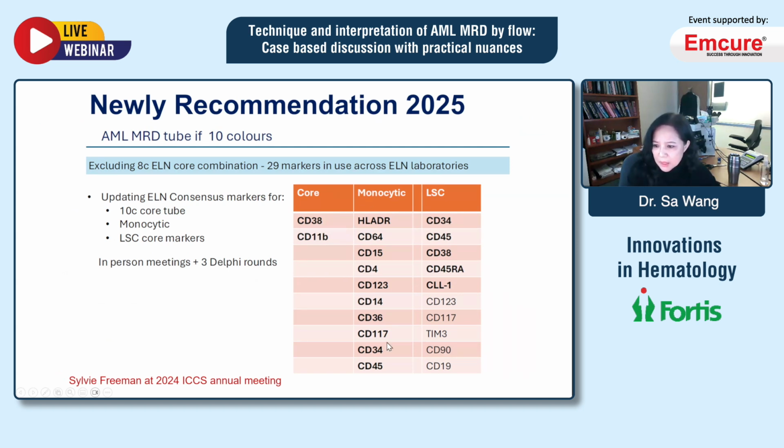They did recommend monocytic markers, and I'm a little surprised that CD123 is among them. CD123 is super useful, not only in monocytic leukemia but also in the primitive immunophenotype, CD34 and CD117 positive, and CD34 negative, CD117 positive. Then there are leukemia stem cell markers. This will be the new recommendation, and the instrument recommended is 10-color or above.